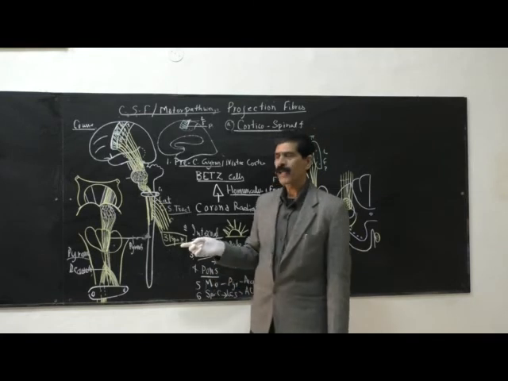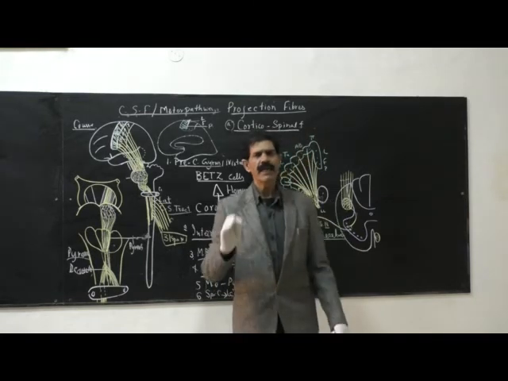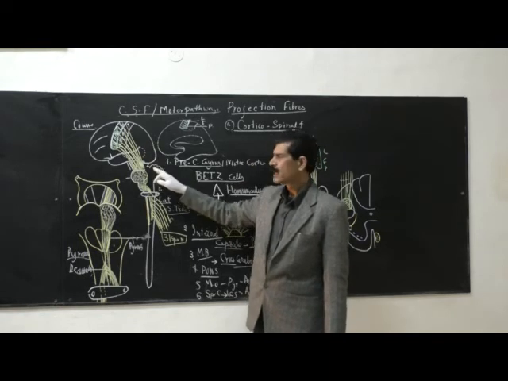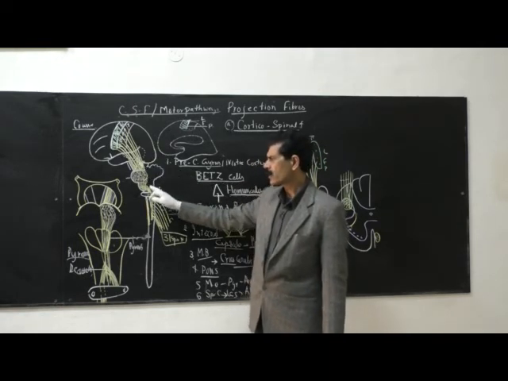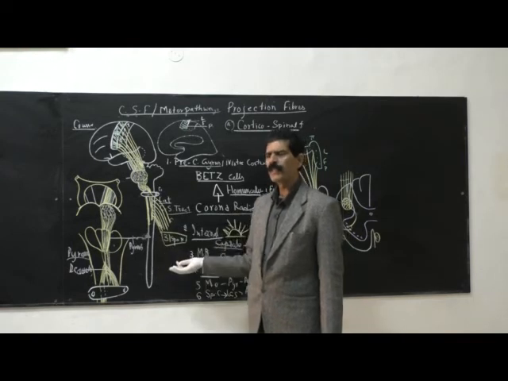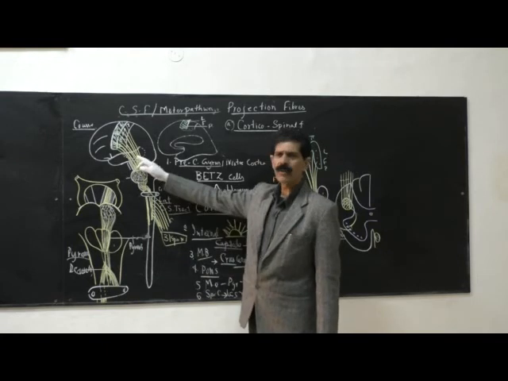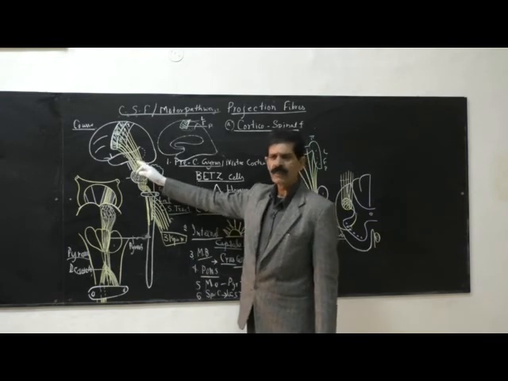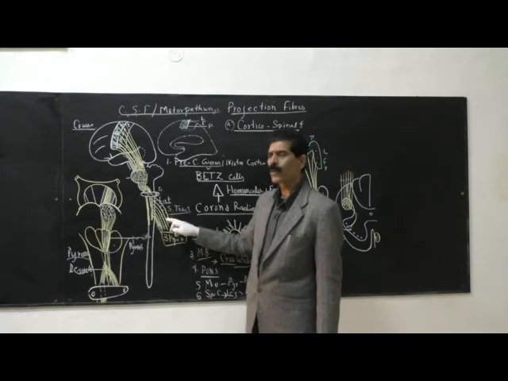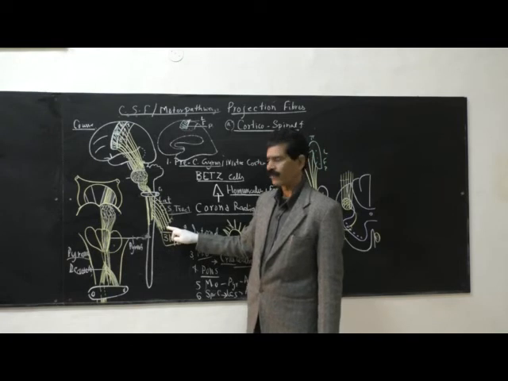And regarding the applied aspect, whenever there is any injury to the brain or spinal cord along the descending course of the corticospinal fibers, it leads to either an upper motor neuron lesion, or, if the spinal nerves are involved, a lower motor neuron lesion.